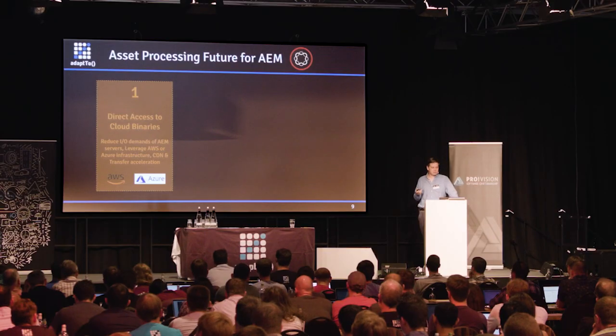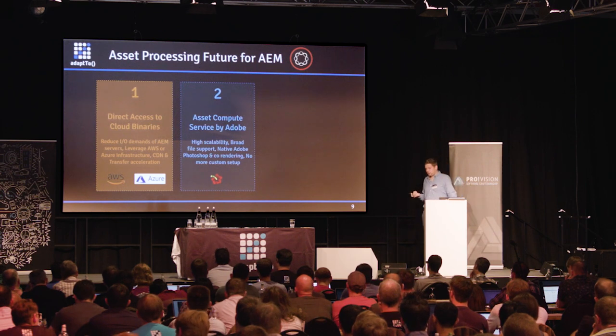And that allows us to reduce that bottleneck and reduce I/O limits within AEM by taking that binary streaming completely out of the picture. And then we can use whatever infrastructure they provide, which scales much better and gives us more options, like using CDN or transfer acceleration.